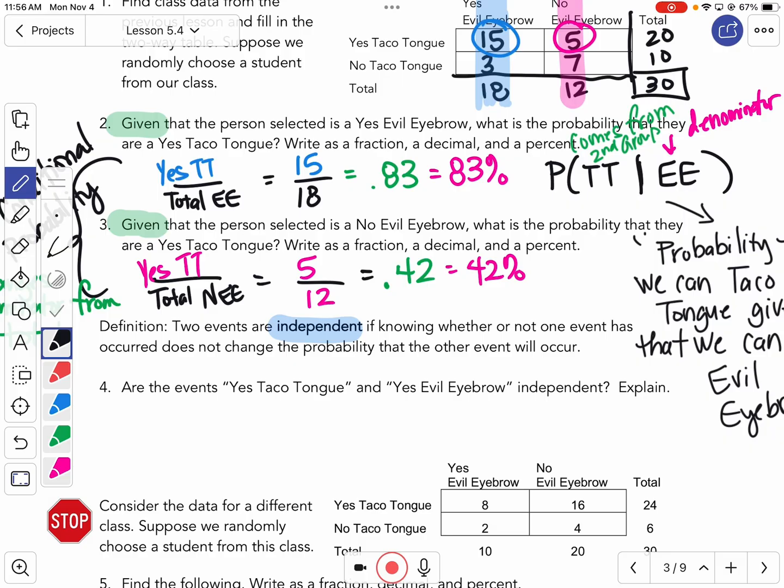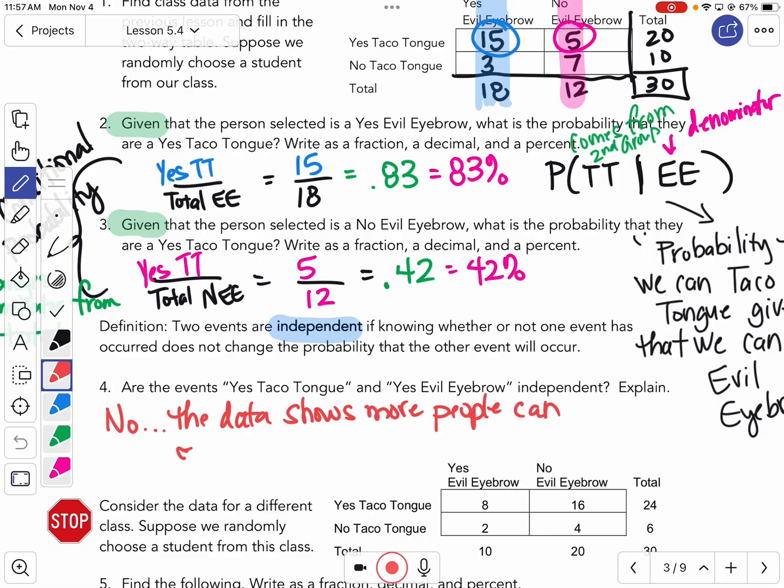So the answer would be no, they're not independent. The data shows more people can do both. We're going to get to a formal definition for independence, how we prove it mathematically, in just a second. But a lot of times we can just look at the data.